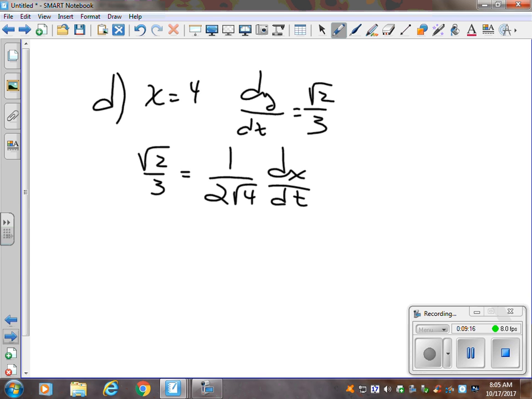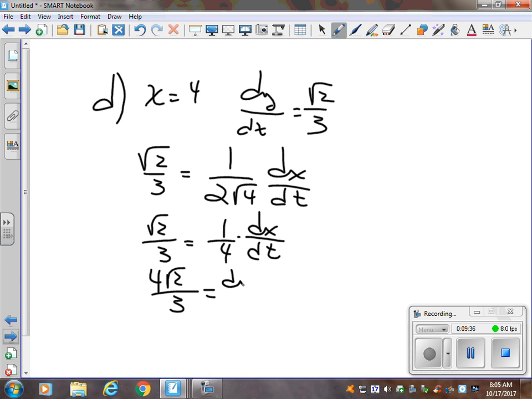All right. So I can simplify this fraction here next to dx over dt to what? 1/4? And again, how do I get rid of that 1/4? All right, multiply by 4. So that's going to be 4 square roots of 2 over 3 equals dx over dt.